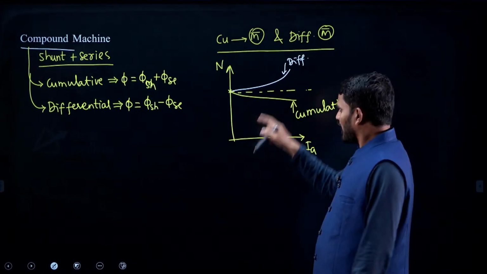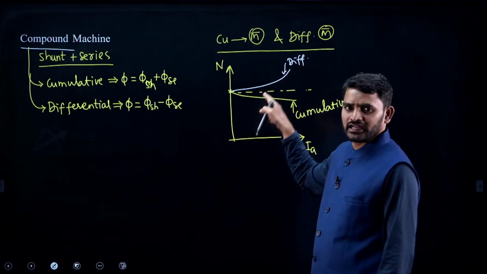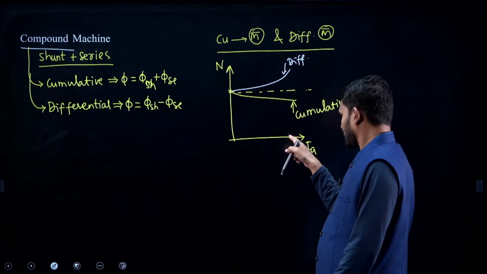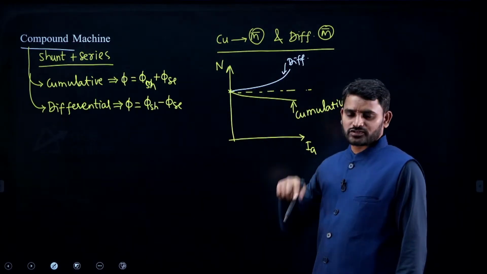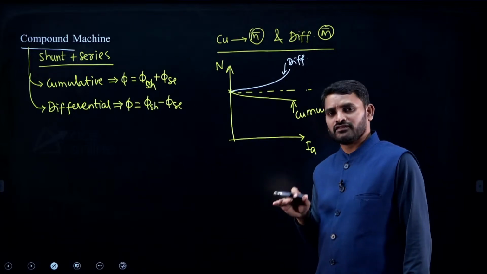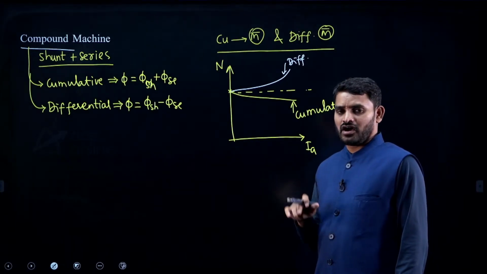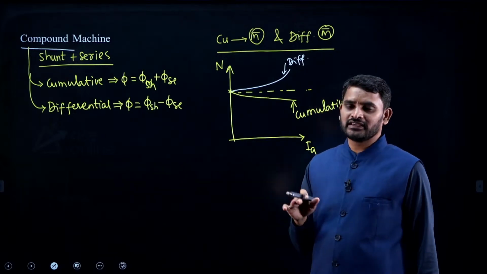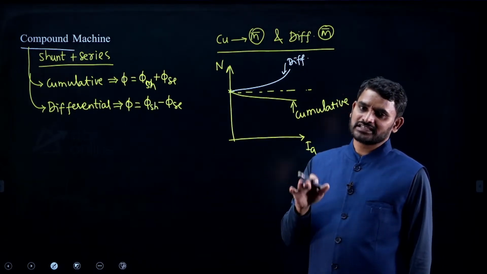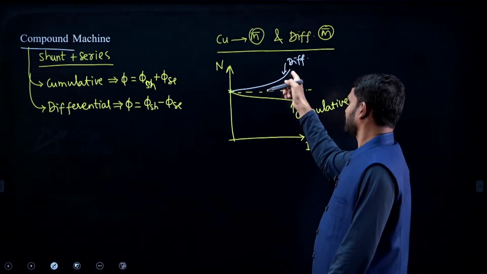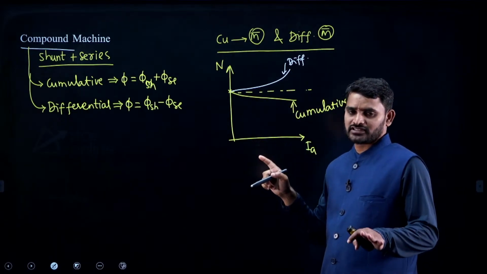right. Out of all the motors, this is the only one motor which is having full load speed greater than the no load speed. All DC motors will be having full load speed as less than the no load speed, except differential compound motor.